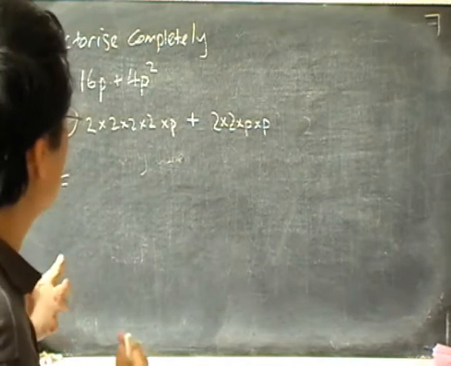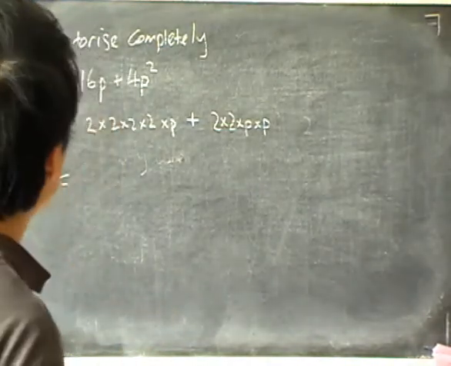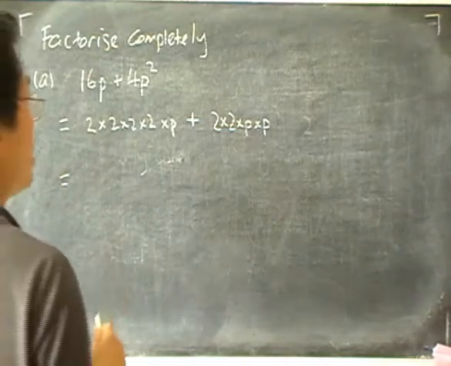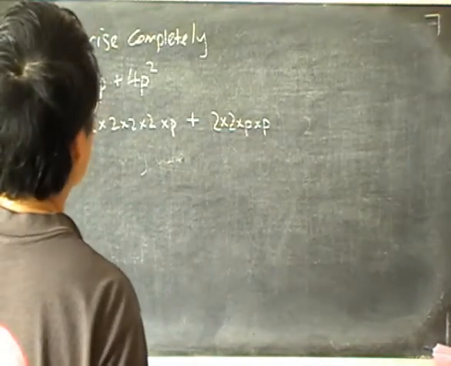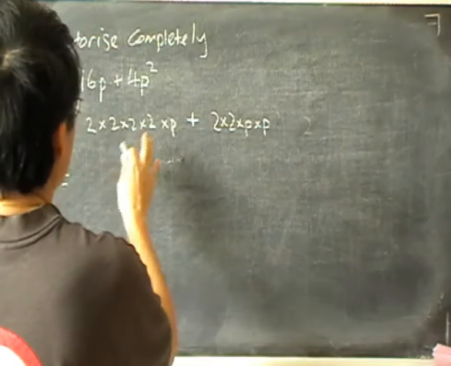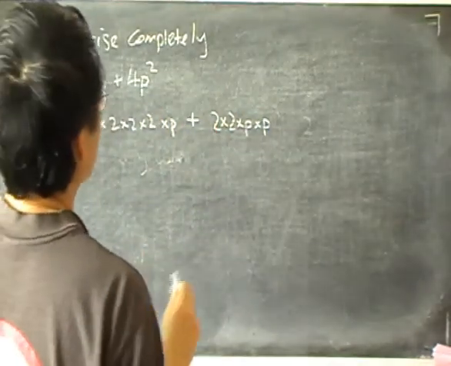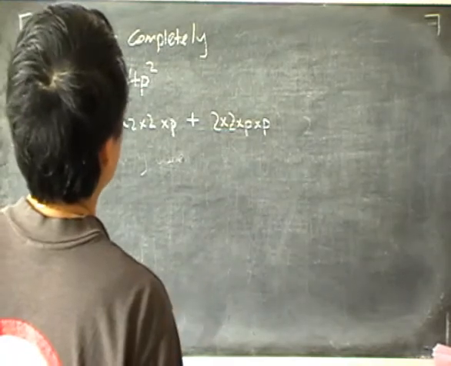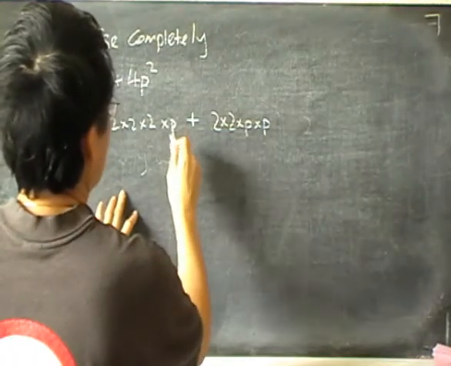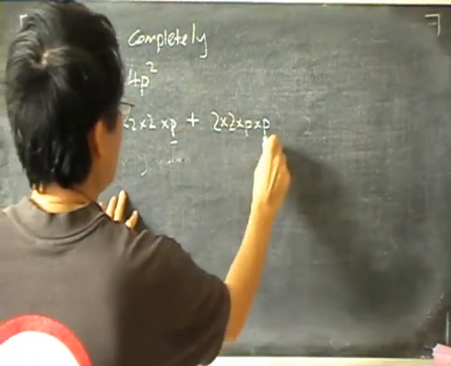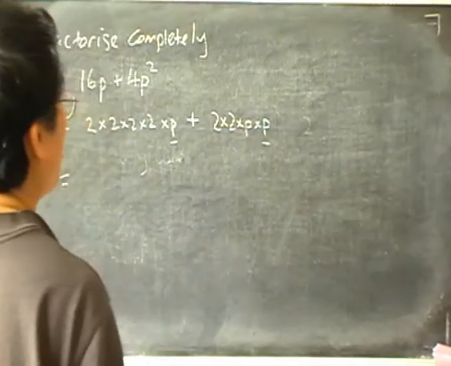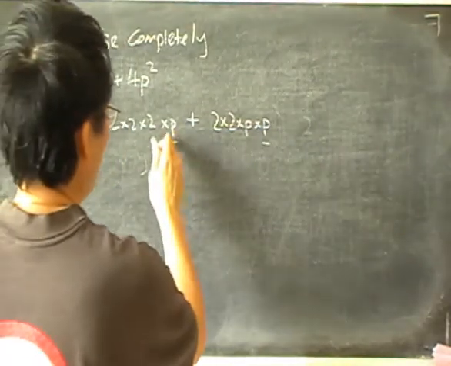And the way to do this is to use brackets. I will start by looking at the separate terms and looking for common factors. In this case, p is common. Okay, there's only one p.